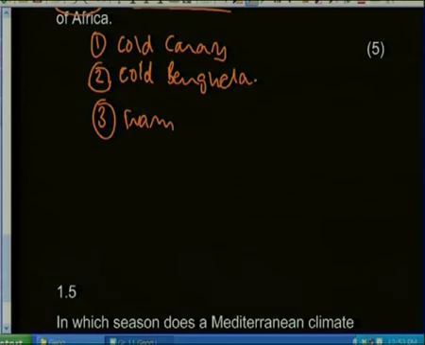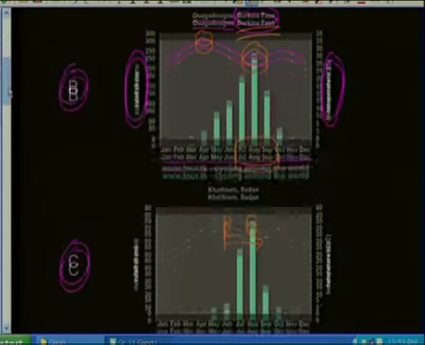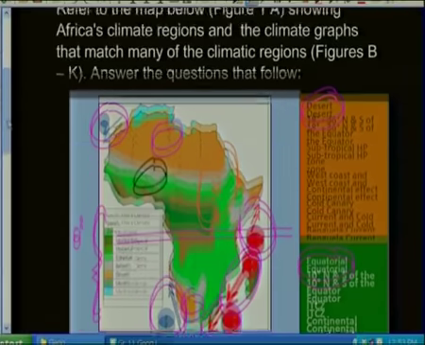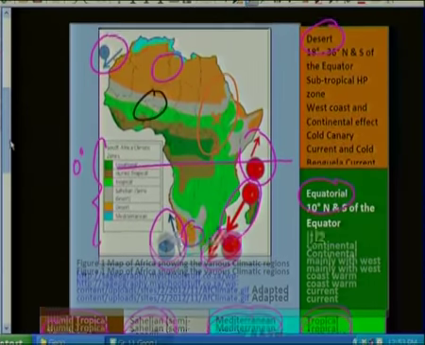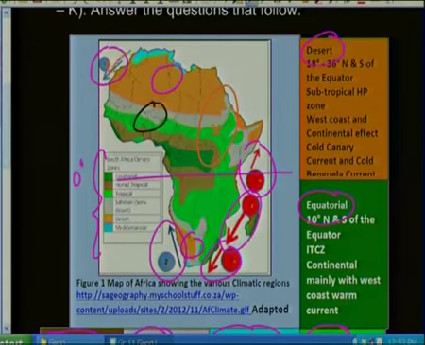Then we've got warm water bodies over there at 3 and at 4. Let's go and look back at our diagram over here. Quite a bit of paging forwards and backwards for you in your geography exam, I'm afraid. We've labeled that one the cold Canary. This is the cold Benguela. So number 3, this one that runs past the east coast of South Africa over there is the Agulhas.